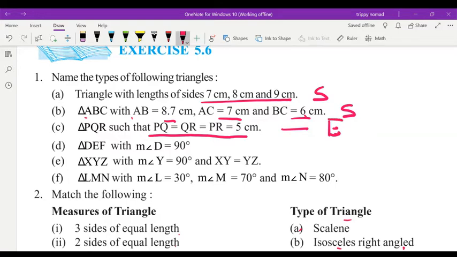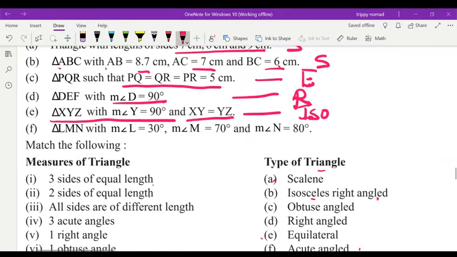In short I am writing, you have to write completely. If one of the angles of a triangle is 90 degrees, what will it be? Right angle triangle. If one angle is a right angle and the other two sides are equal, then what is that? Isosceles right angle triangle. Here it is written, you see here, isosceles right angle triangle.